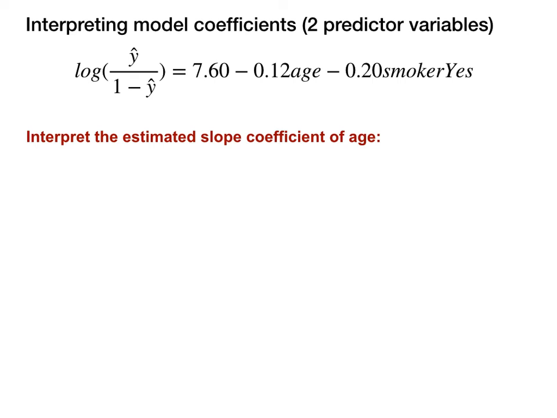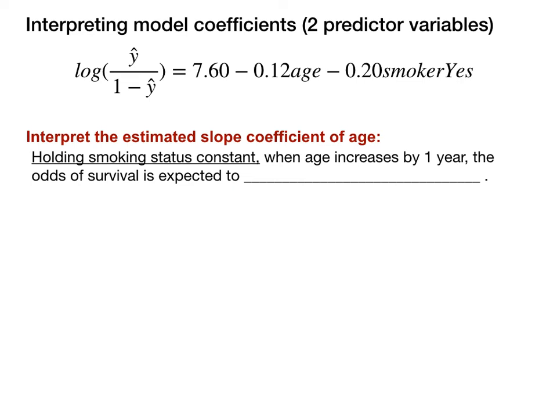So first, let's talk about the slope coefficient of age. How do I interpret minus 0.12? I'm going to give you some structure. Because we have more than one predictor variable, you have to say holding smoking status constant, because you don't want the smoking status to change at the same time.